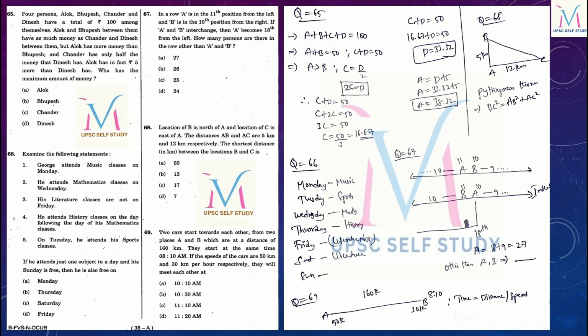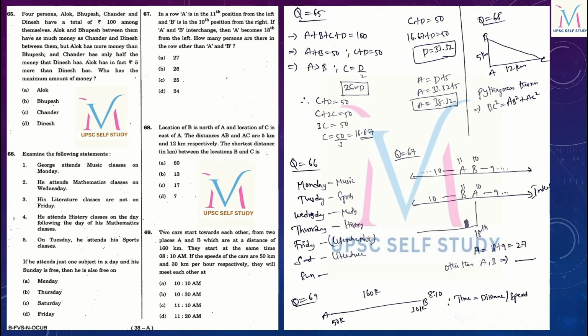So obviously this is the Pythagoras theorem. As you know, BC square is equal to AB square plus AC square. Two sides are given and we have to find the other side. AB square means 5 square, plus AC square means 12 square. So 5 square is 25, and 12 square is 144.